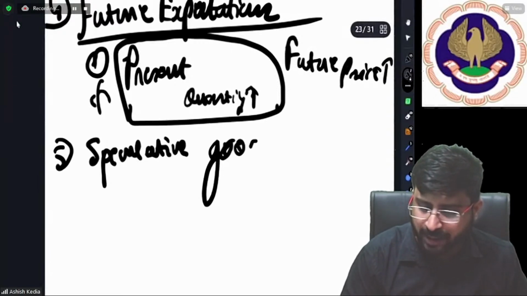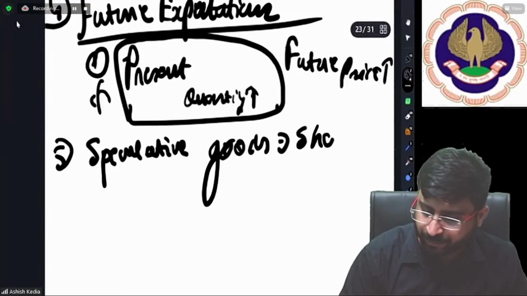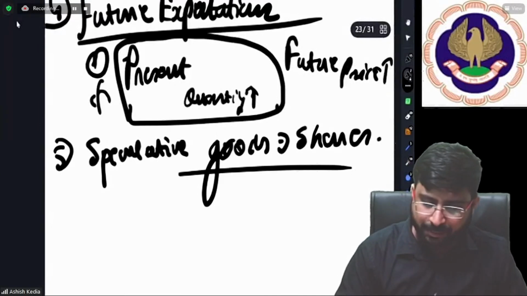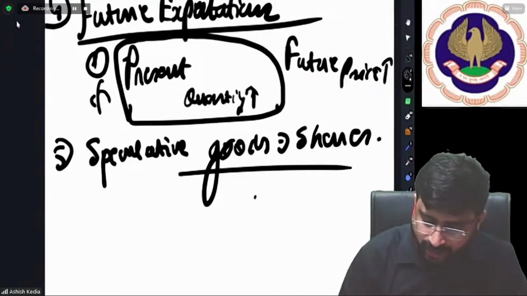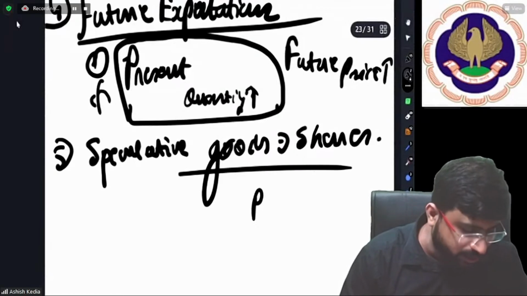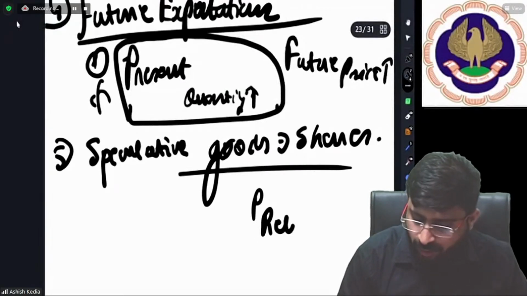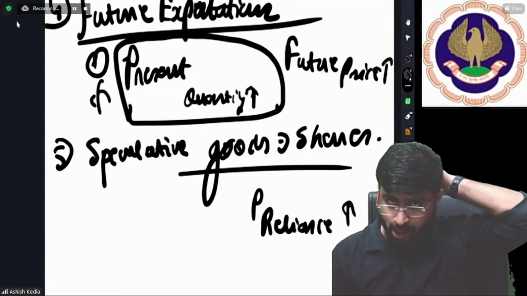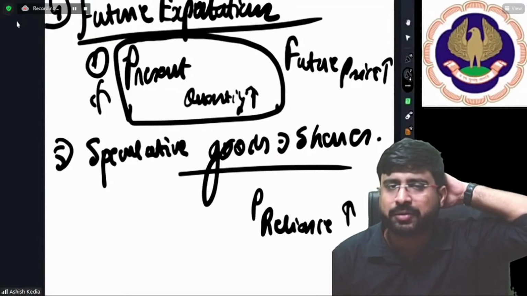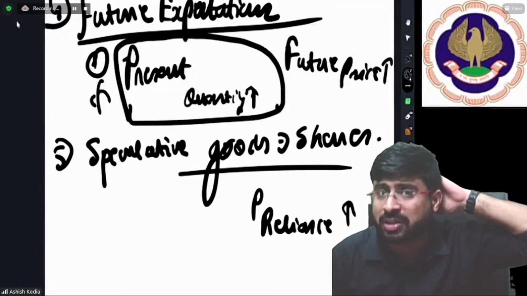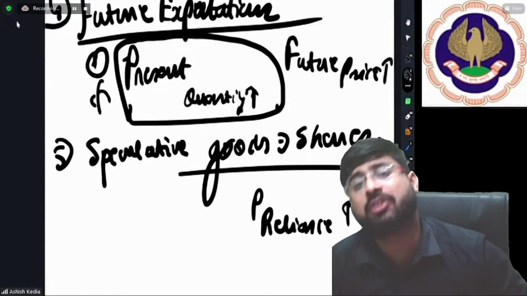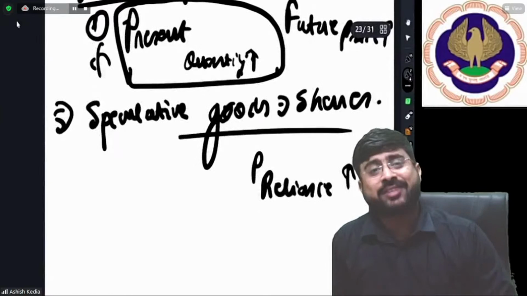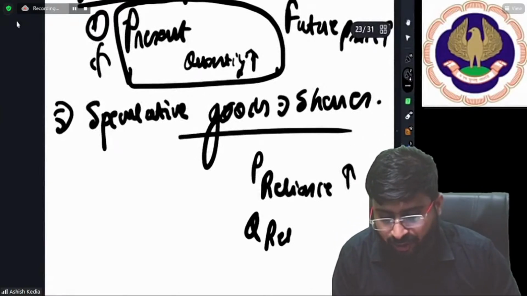Moving on. Then there is something called speculative goods. It is like the stock market, stocks and shares. If, for example, the price of Reliance shares is increasing, what will consumers think? Consumers will think, oh my God, Reliance share prices are going up, it will go up further. So even if the price is rising, let's buy shares of Reliance.